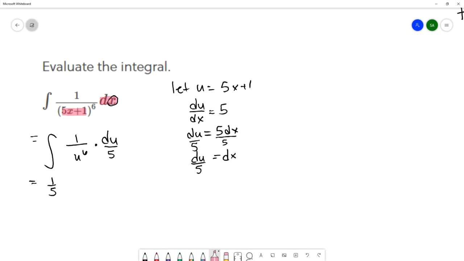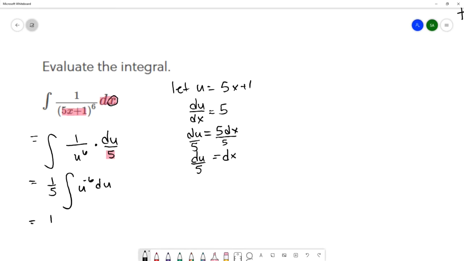So I factor this 5 out of the integral. I'm going to use my properties of exponents to write this as u to the -6 du. And now I have it written in a form where I can apply the power rule for integrals.